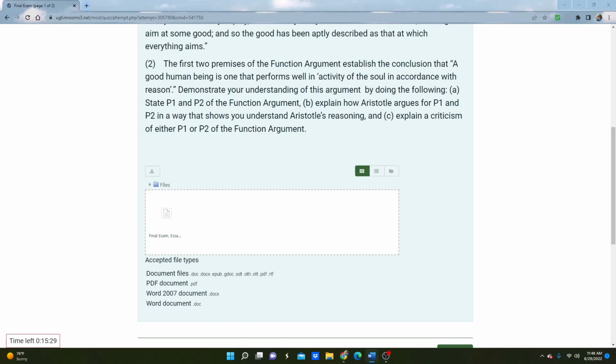Then, once you are satisfied with the files you have submitted, you can click Finish Attempt.